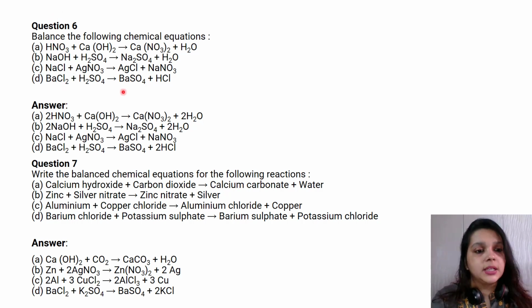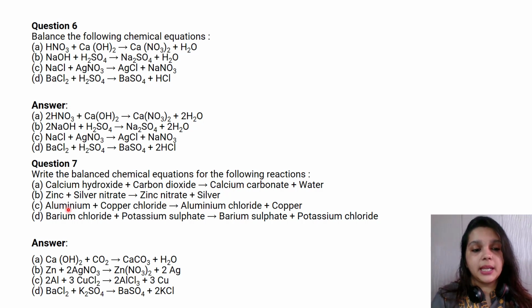We are moving on to question number 7 now. Write the balanced chemical equations for the following reactions. Calcium hydroxide Ca(OH)2 plus carbon dioxide CO2 will give us calcium carbonate CaCO3 plus H2O, that's water. Zinc Zn plus silver nitrate AgNO3 will give us zinc nitrate Zn(NO3)2 plus silver Ag.